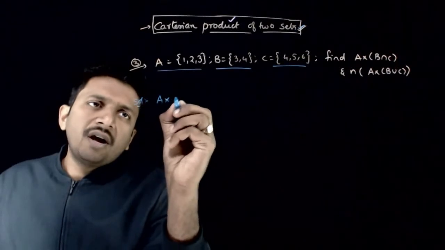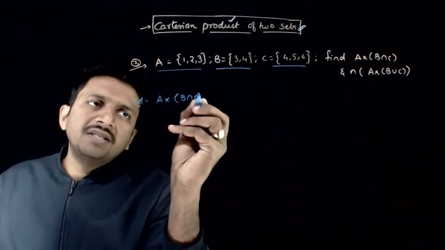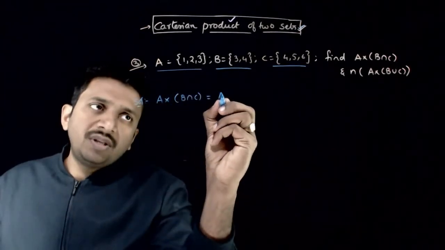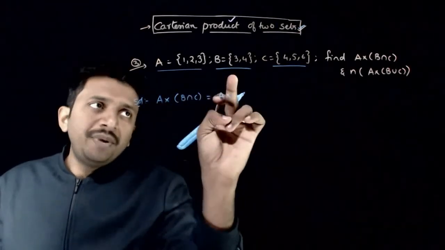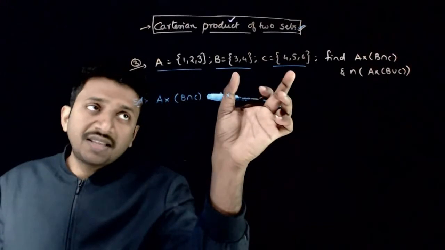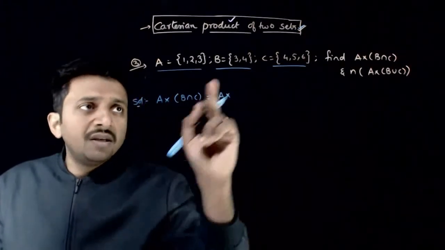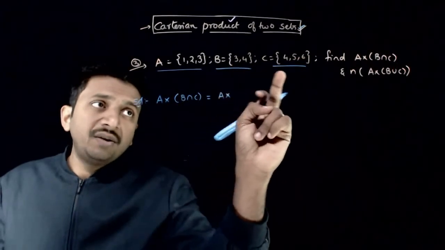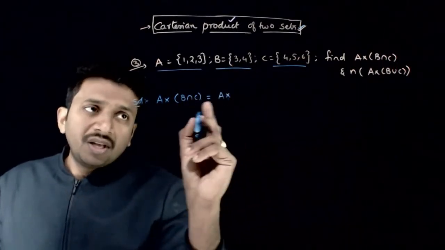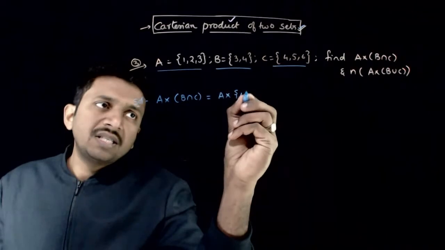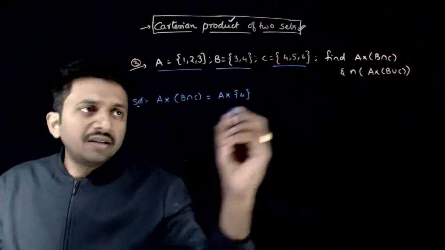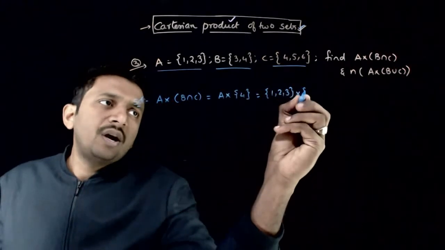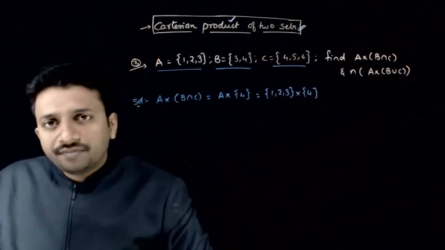A × (B ∩ C) is nothing but A, the set {1, 2, 3}, cross the intersection of B and C. So what are the common elements of B and C? You have only 4. So A cross the set {4}, right? That is equal to {1, 2, 3} cross {4}.